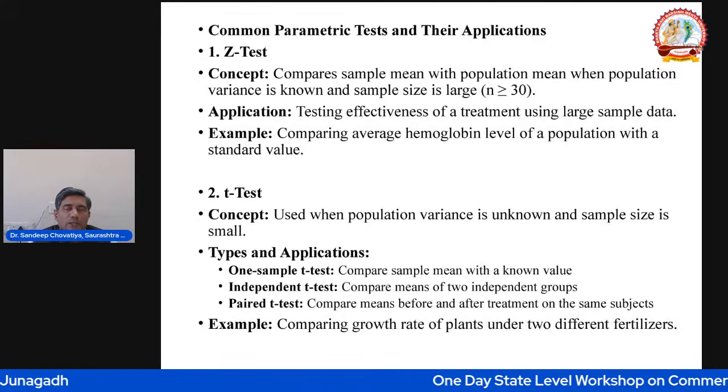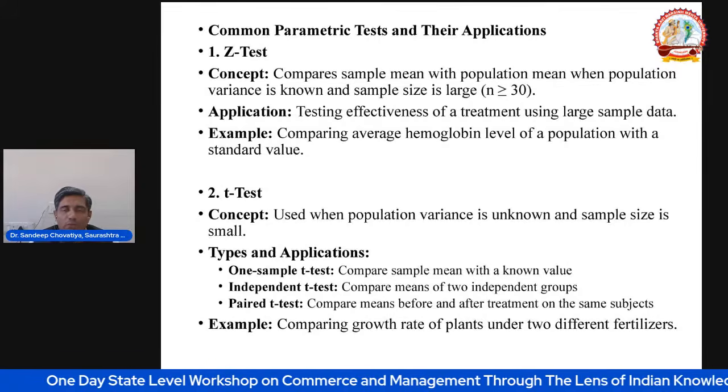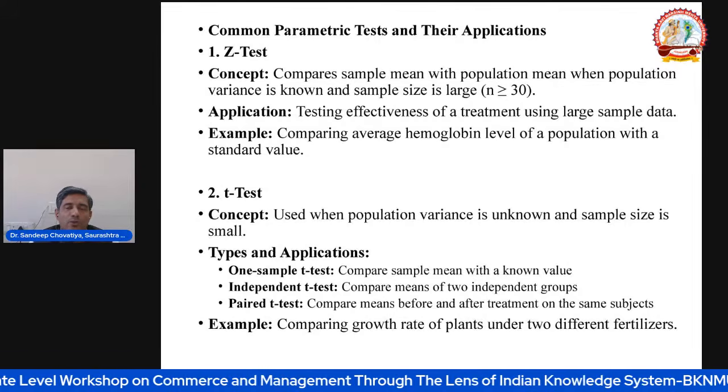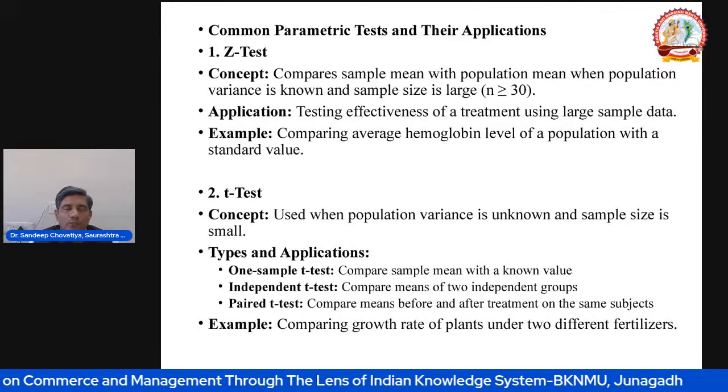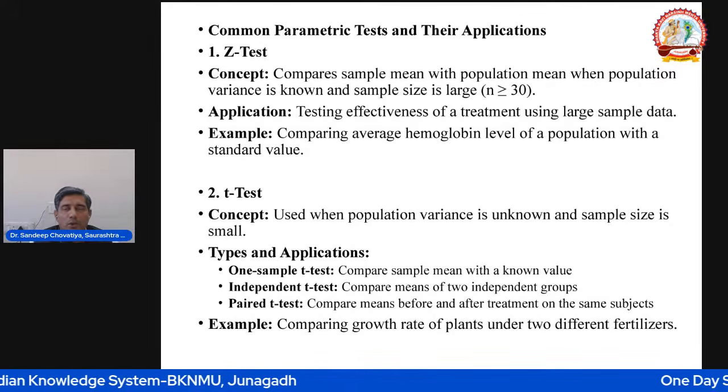The one sample t-test compares the sample mean with a known value. The independent t-test compares the means of two independent groups. And the paired t-test compares the means before as well as after the treatment on a specific subject.